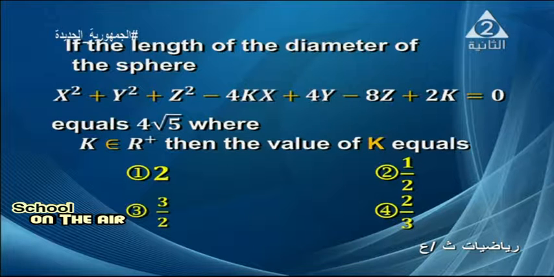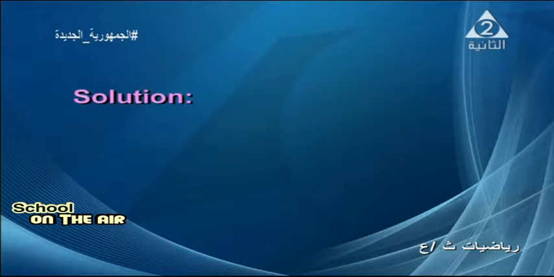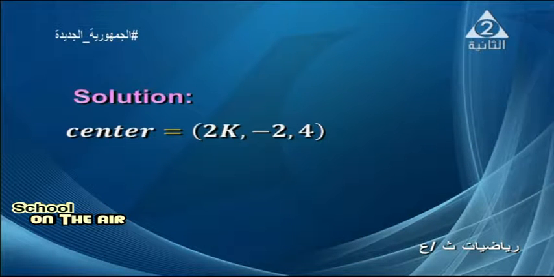After that, by using the rule of radius length, r equals the square root of L power 2 plus m power 2 plus n power 2 minus d. What is the value of d? 2k. Look at, my dear student, the center is (2k, -2, 4).